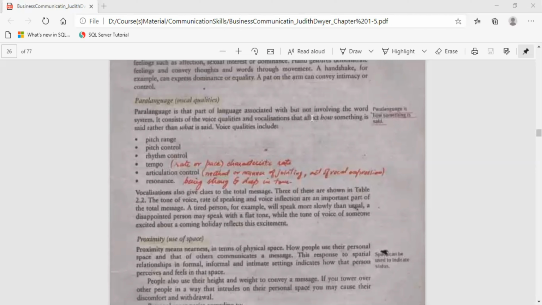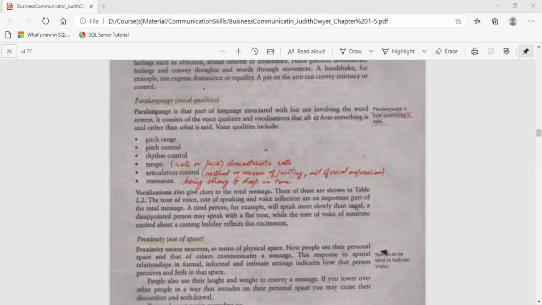One of the profound researchers in linguistics, namely George Trager, developed a classification regarding paralanguage, which is categorized as voice set, voice qualities, and vocalizations. The first one was voice set. Voice set is the context in which the speaker is speaking. This can include the situation, gender, mood, age, and person's culture.